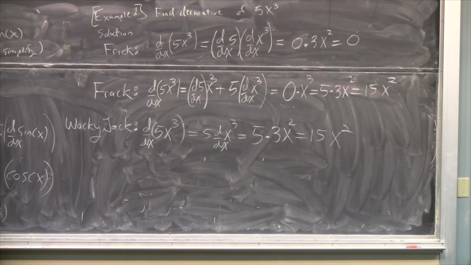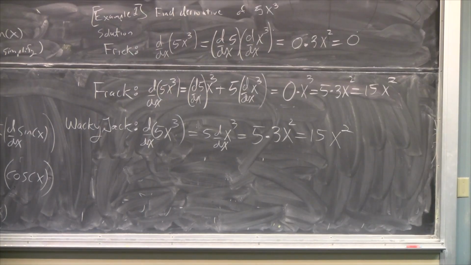Wacky Jack and Frack got the same answer. Any other observations? What's wrong with Frick? He didn't do the product rule correctly. He didn't do the product rule at all.